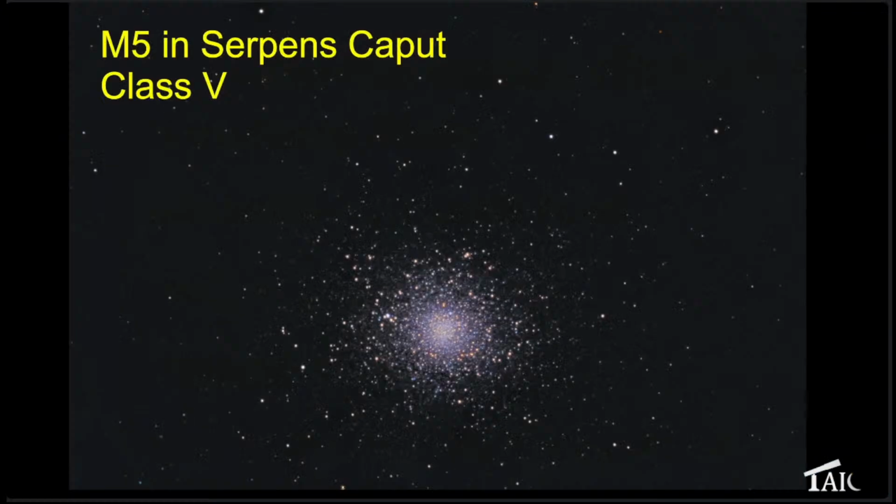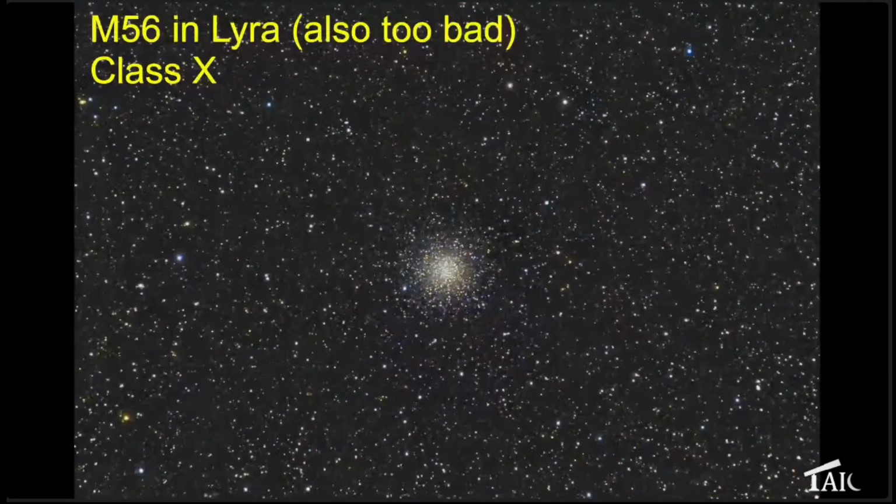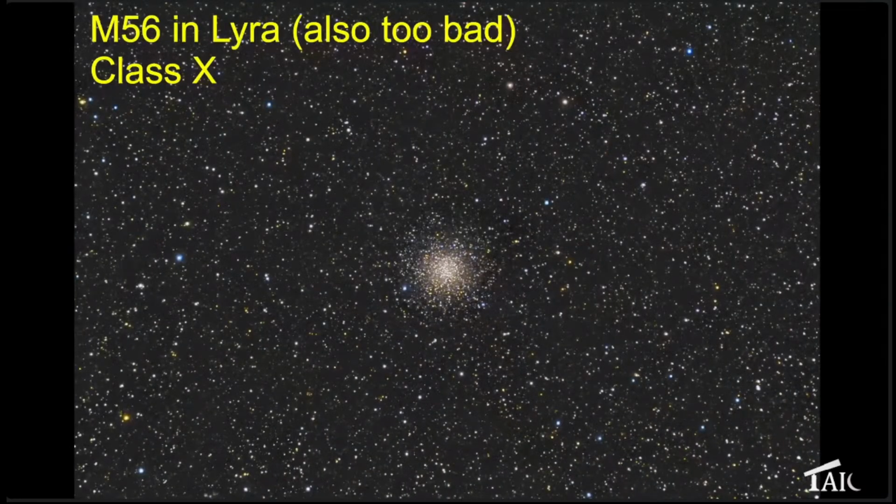Most of the time when we're looking at a globular star cluster, it is away from the plane of the Milky Way, like M5 in Serpens Caput, which is a class 5 globular cluster, which means the star field surrounding it is fairly sparsely populated. But this is M56 in Lyra. Also too bad because everybody looks at M57 in Lyra, and few people shift their telescope a short distance towards Albireo to gaze upon this gem.